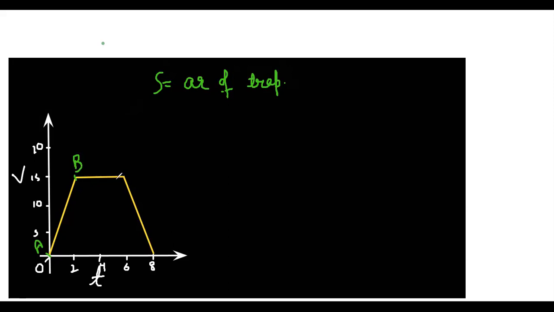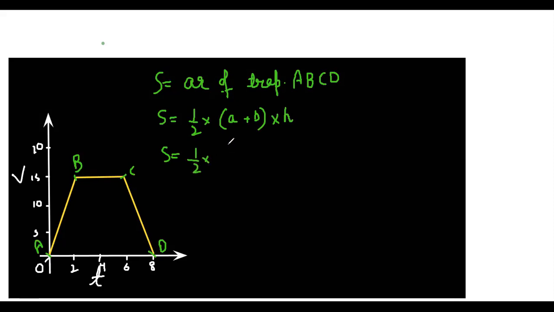Okay. A, B, C, D. Let's take this as the name of the figure. Fine. So, area of trapezium ABCD. S is equal to half into sum of parallel sides, multiplied by height, that is H. So S is equal to half multiplied by sum of parallel sides.